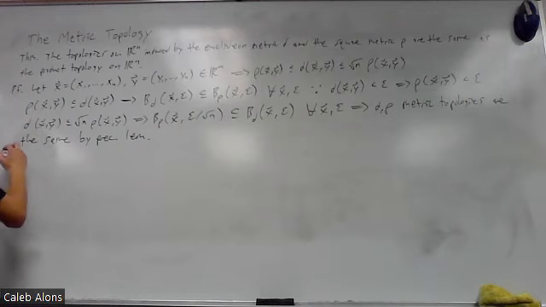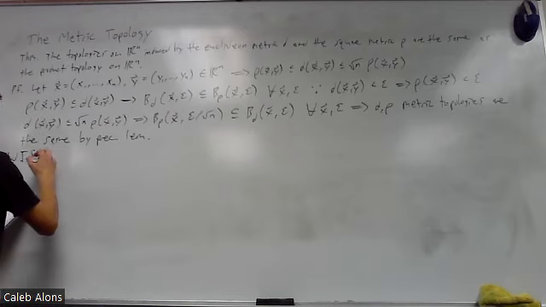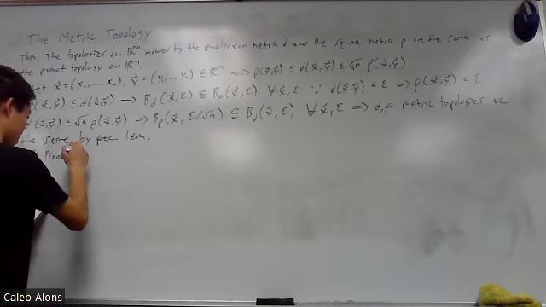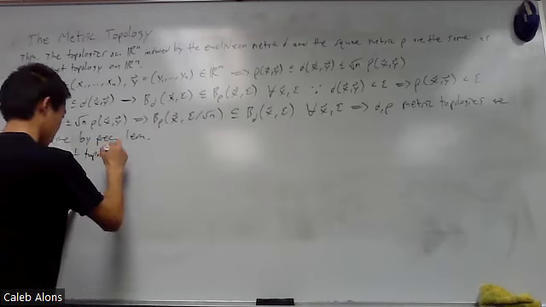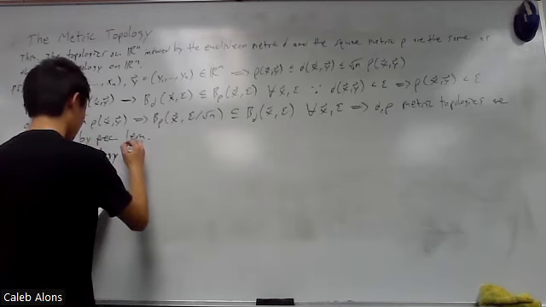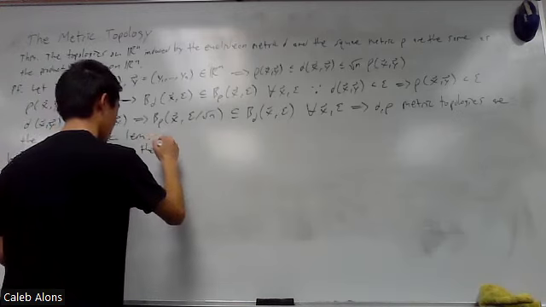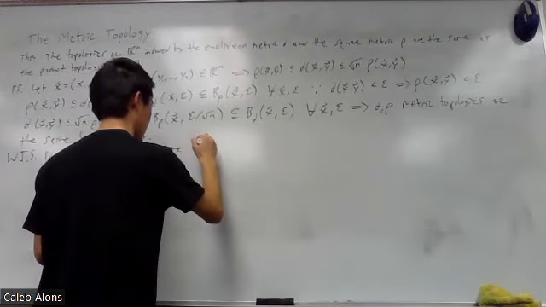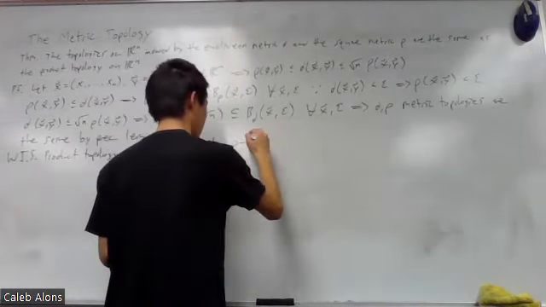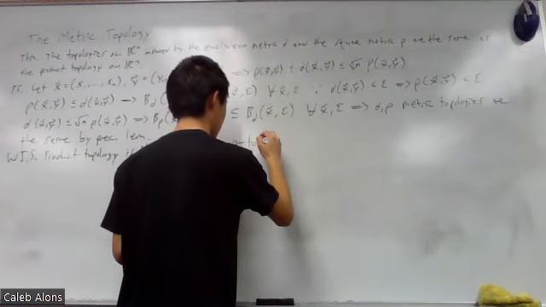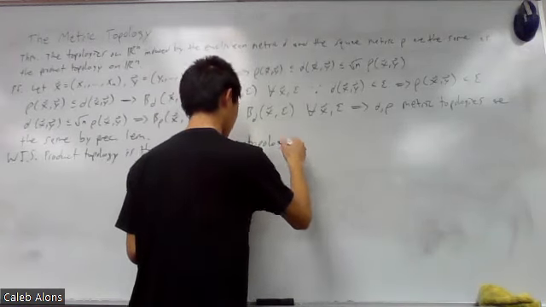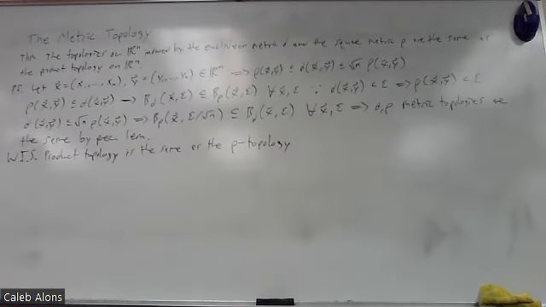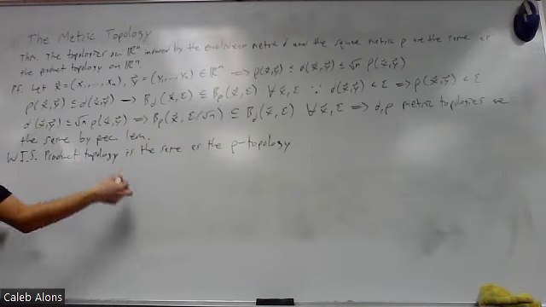And now we want to show that the product topology is the same as the rho topology, so we'll use the square metric. And that's part 2. I'll try to fit the first part under here.